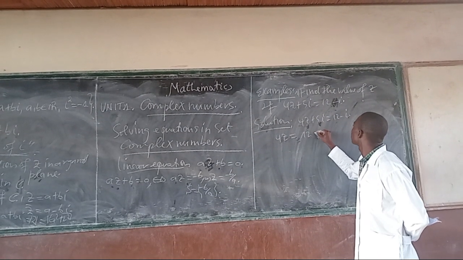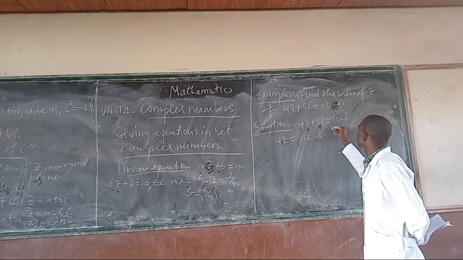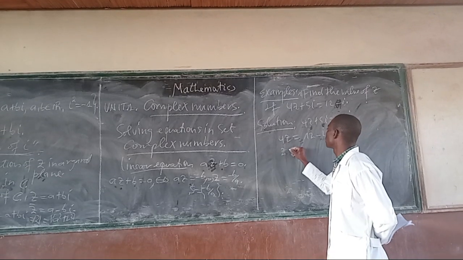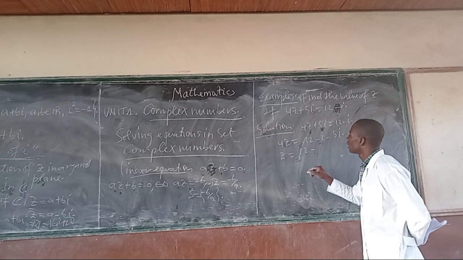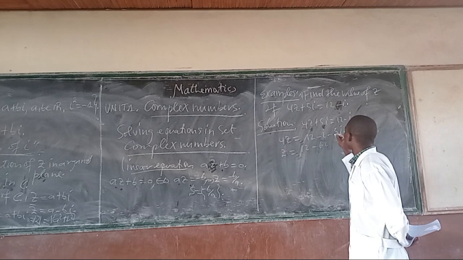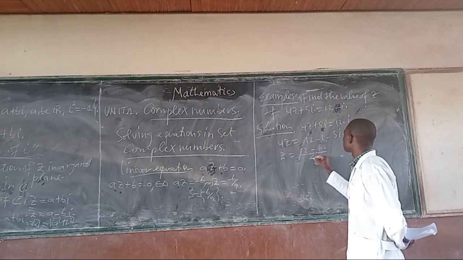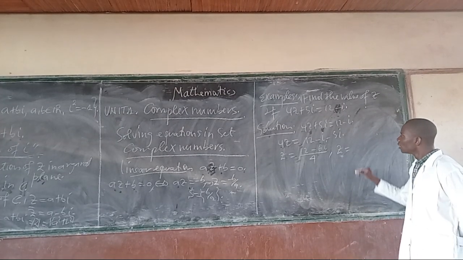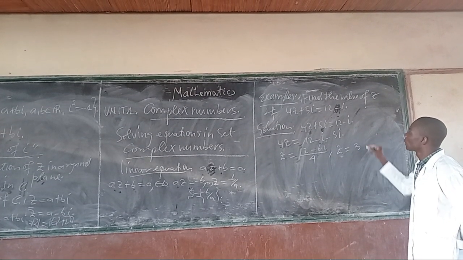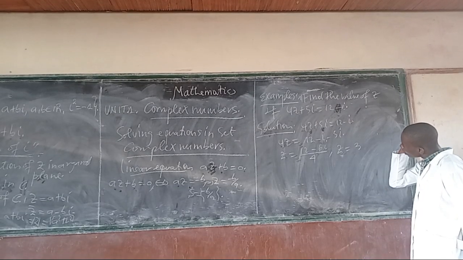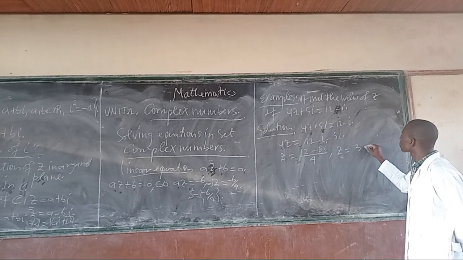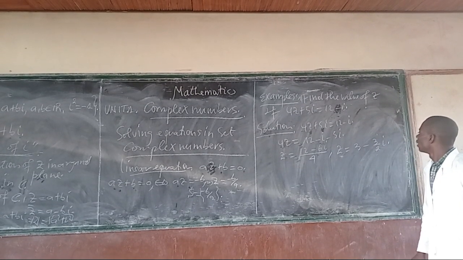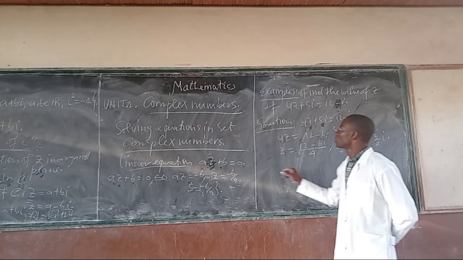Then you have 12 minus i, then minus 5i. Now z will be equal to 12 minus 6i, over 4. We can simplify to have z equal to 3 minus 3 over 2 i, and this is the value of z.